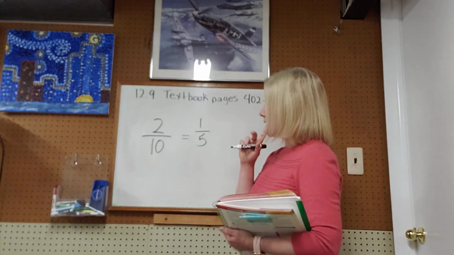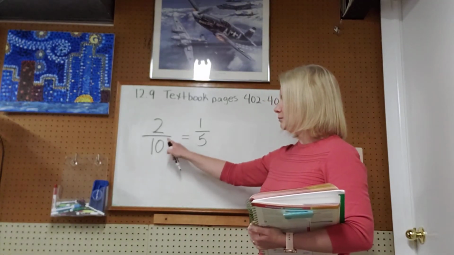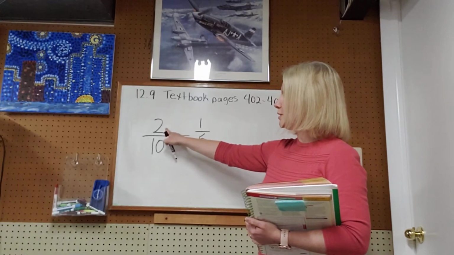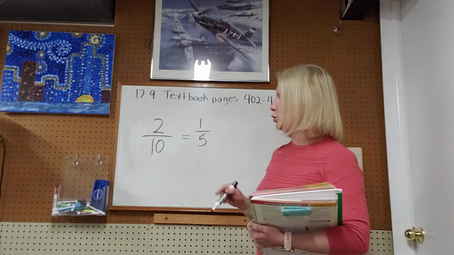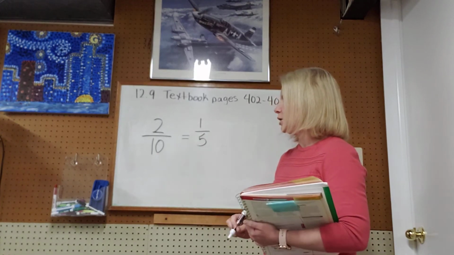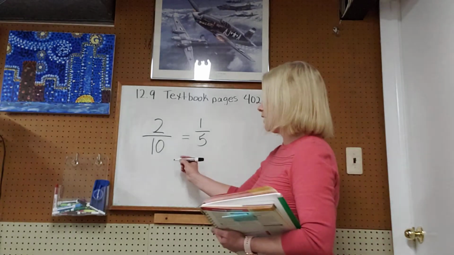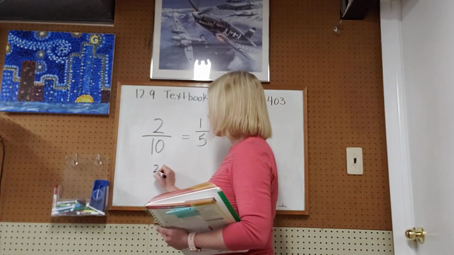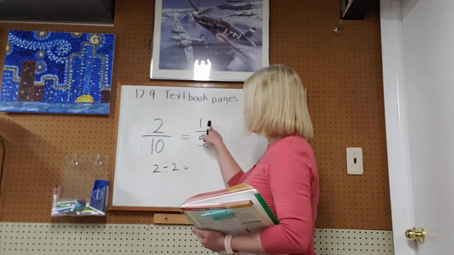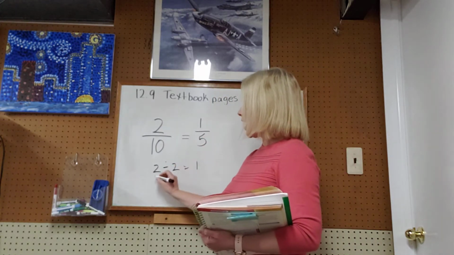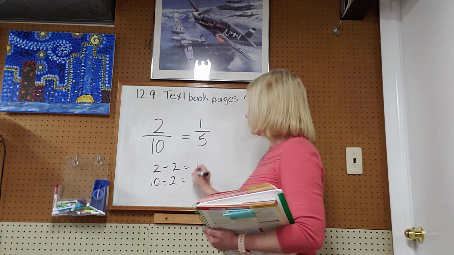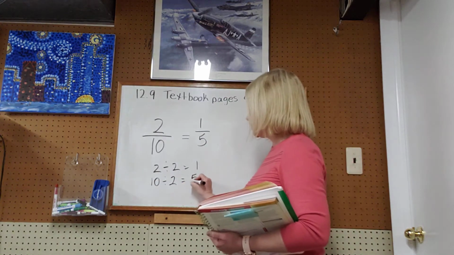But if you think that I can divide both by 2, 2 times 1 will give you 2, and 2 times 5 would give me 10. So you divide them both by 2, and 2 divided by 2 equals 1, and 10 divided by 2 equals 5.